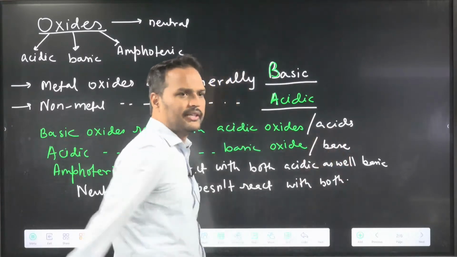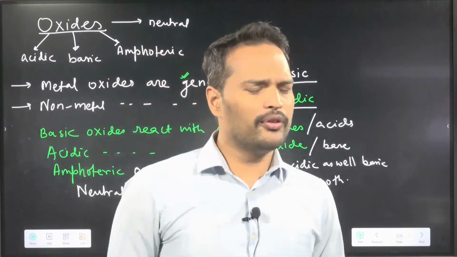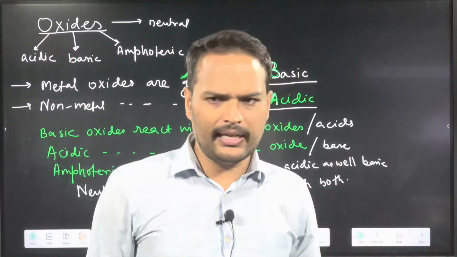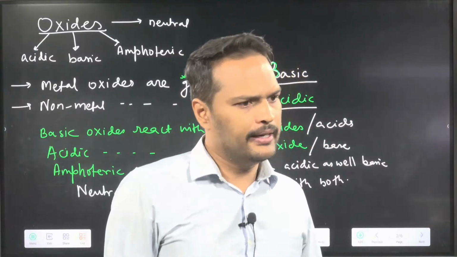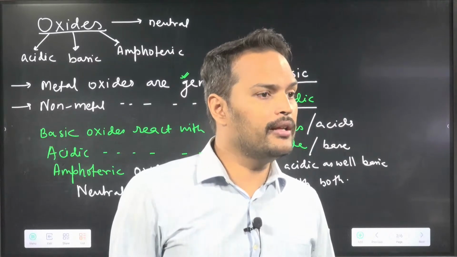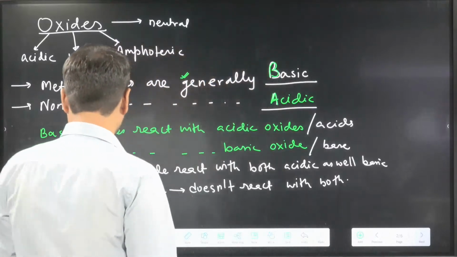So do you understand the difference between amphoteric and neutral? Amphoteric means it will react with acid and it will react with base also. But neutral oxide is neither acid nor base. Correct, Durga.